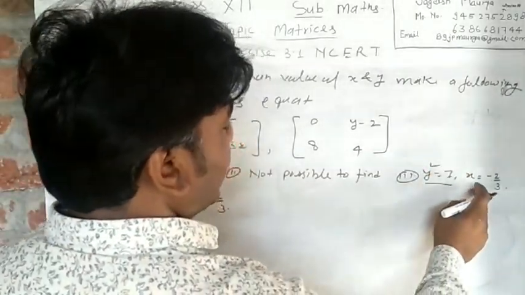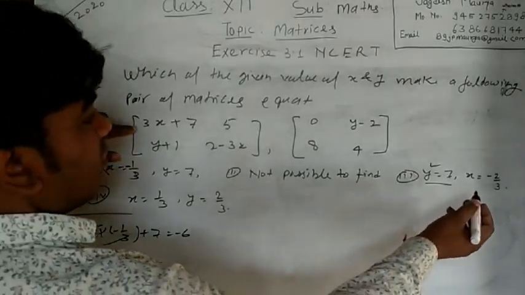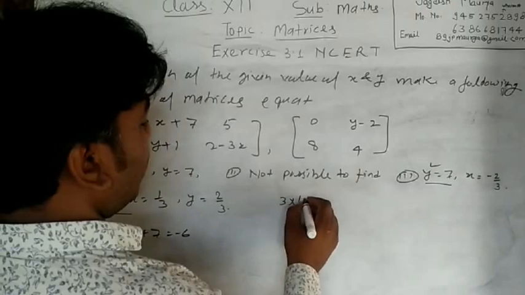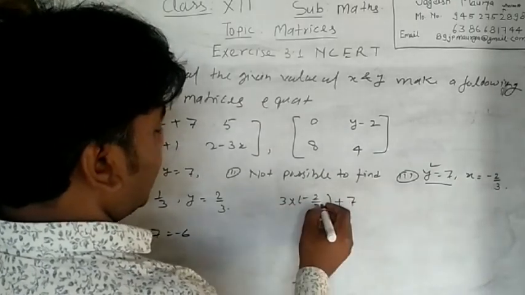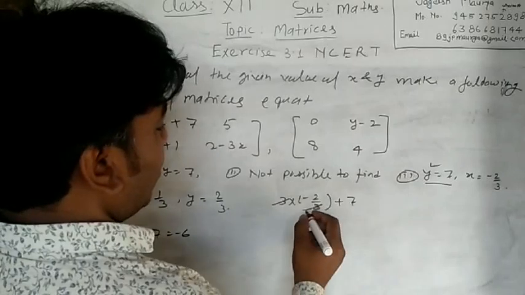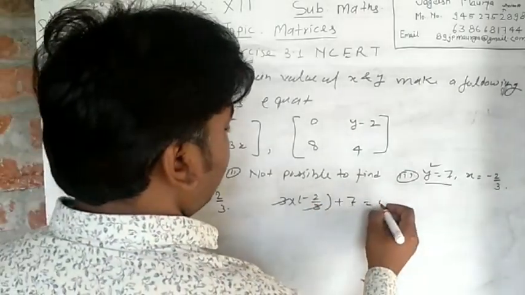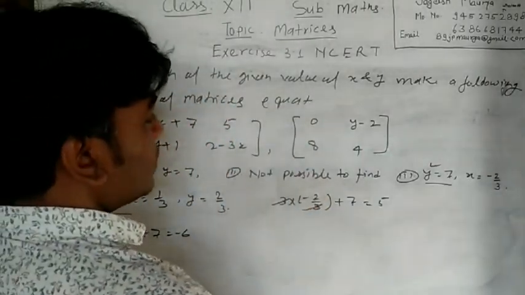And here we check x equal to minus 2 by 3. If we put x equal to minus 2 by 3, this will come 3 into minus 2 by 3 plus 7. Cancel out here. Minus 2 plus 7, here 5 will come. Not equal to 0.